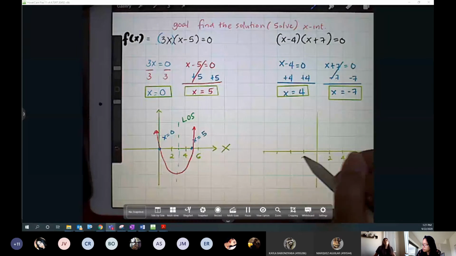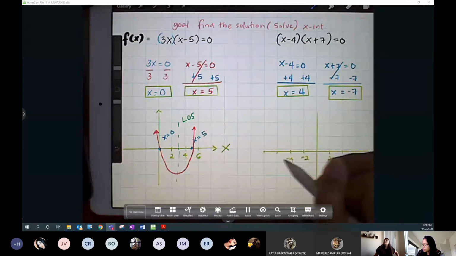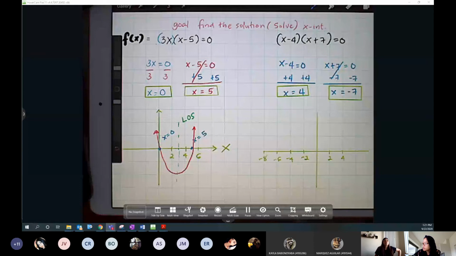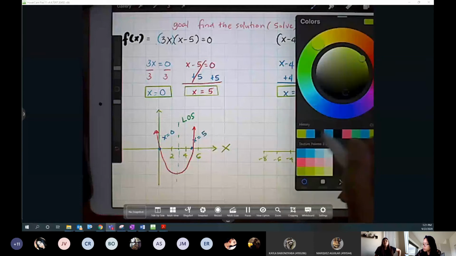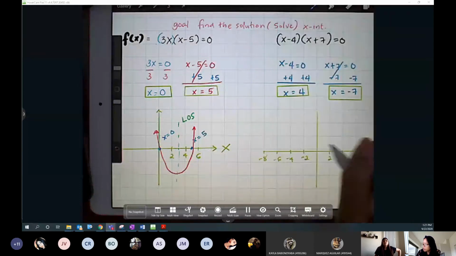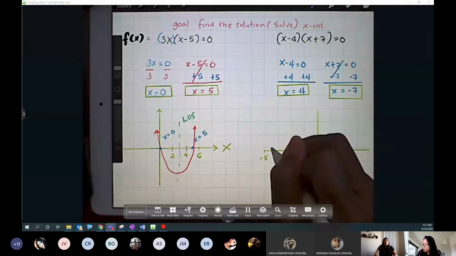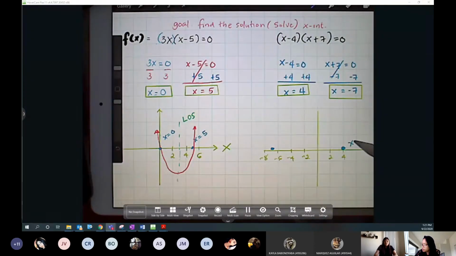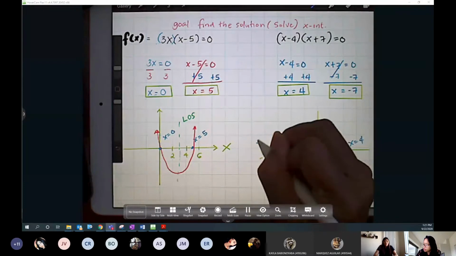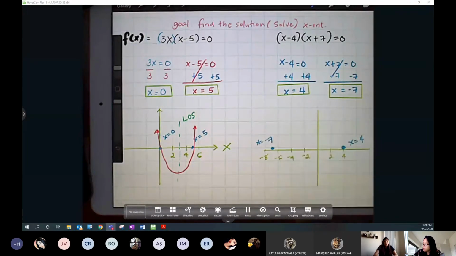So negative 2, negative 4, negative 6, negative 8. And we have the 1 on the 4, and then on the negative 7. So x is equal to 4, x equals negative 7.